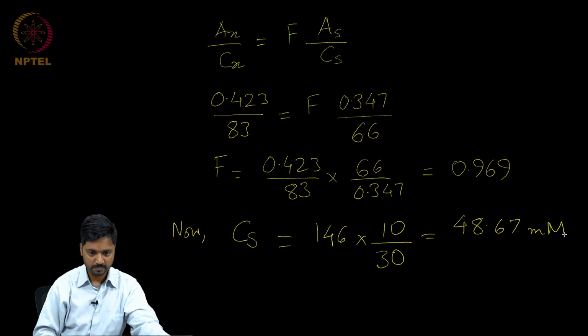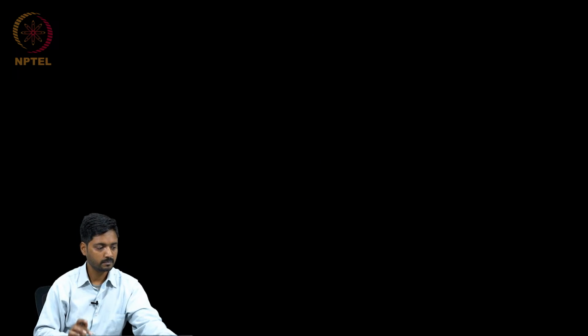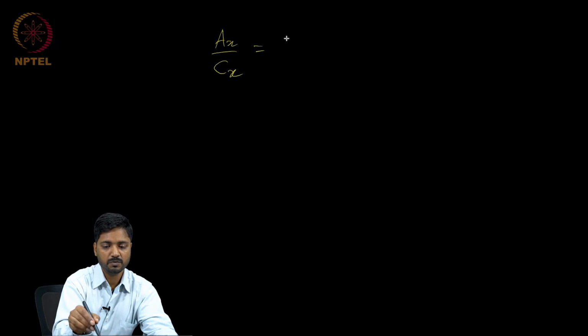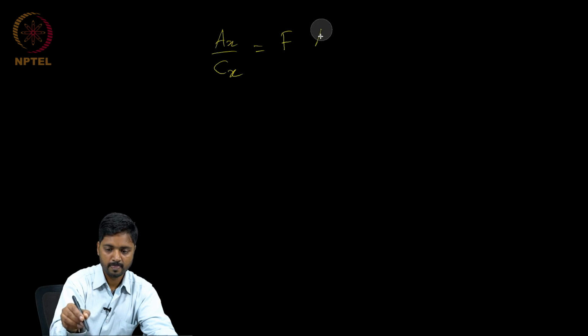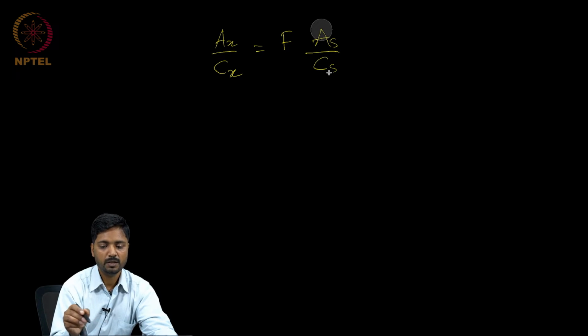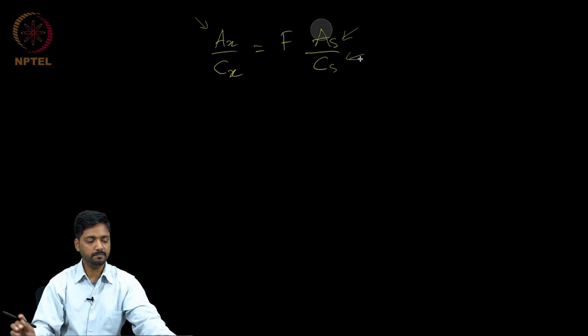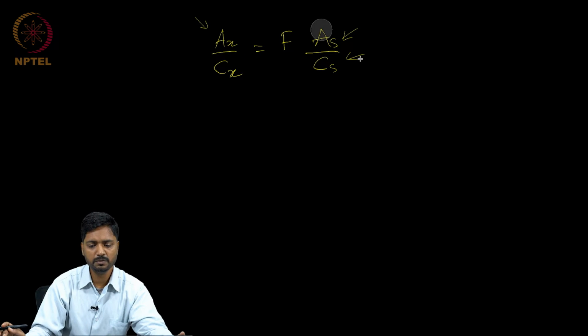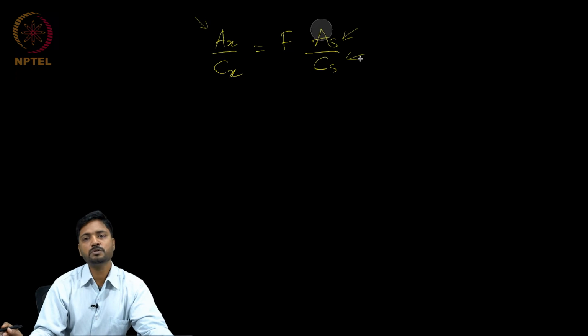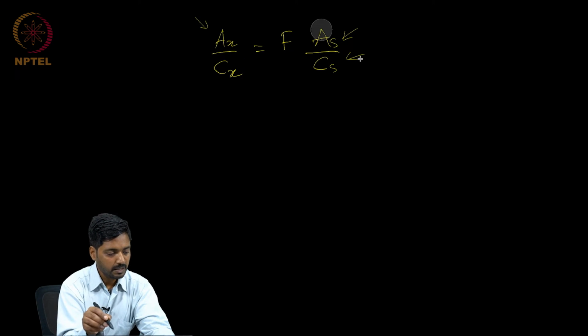And we have Ax by Cx is equal to F As by Cs. Now we know the F value, we know the Ax value, and we know the As and the Cs value. So we can plug in those values to find out what is the Cx value. Let us do that quickly.